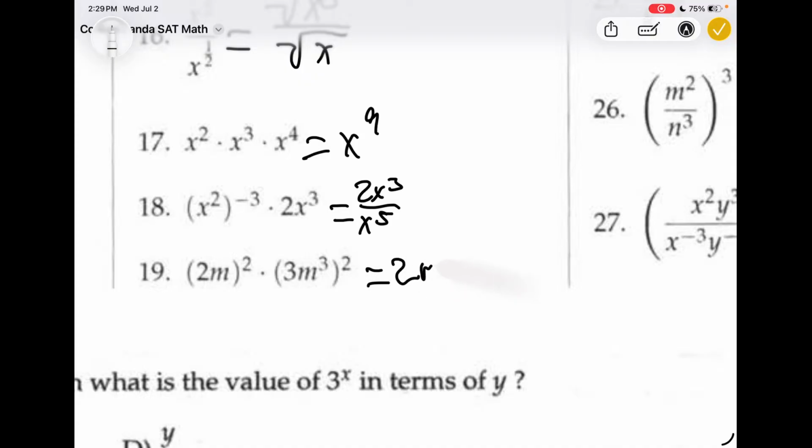I'm thinking it's like this. 2m squared times 3m to the 5th. Maybe. Yeah. I think that's it.